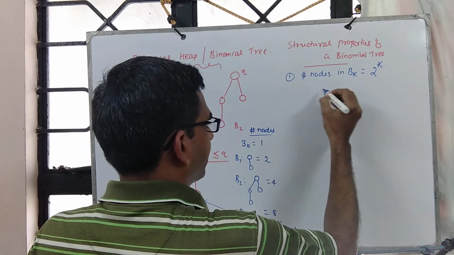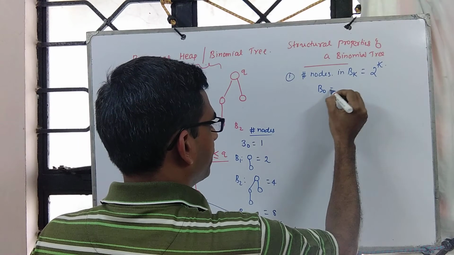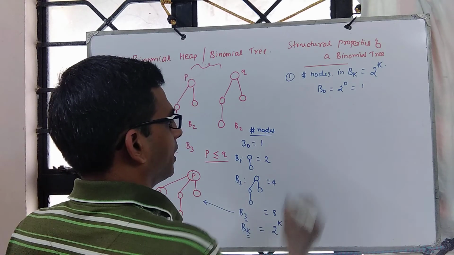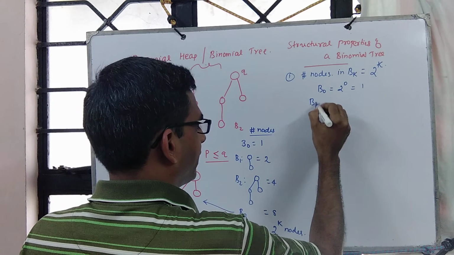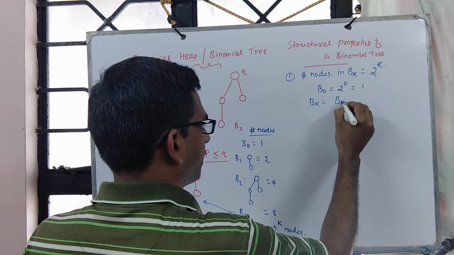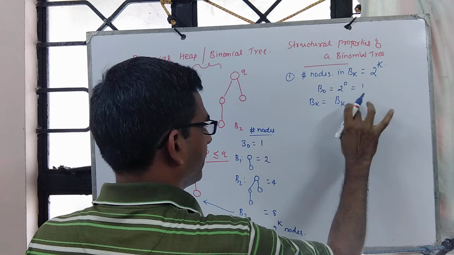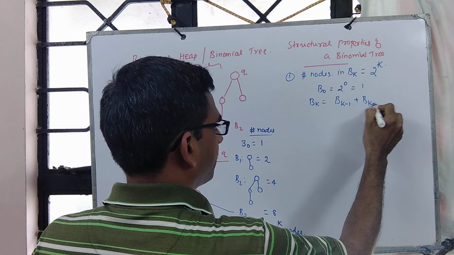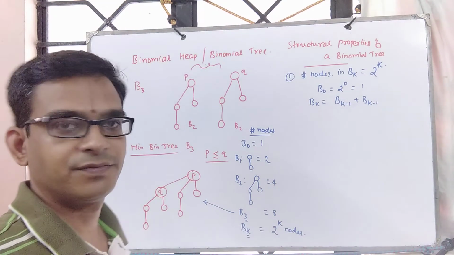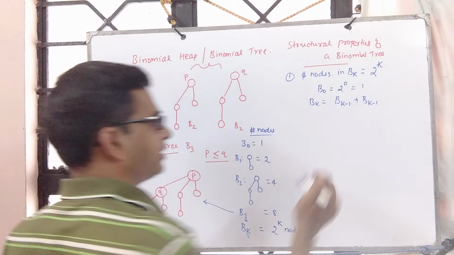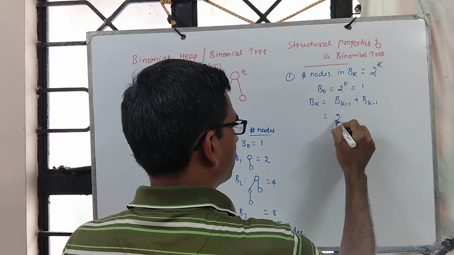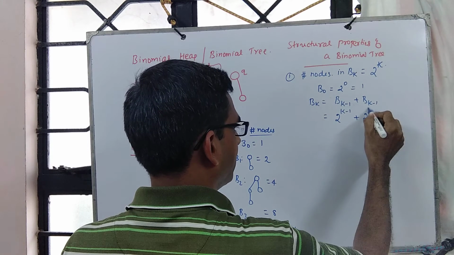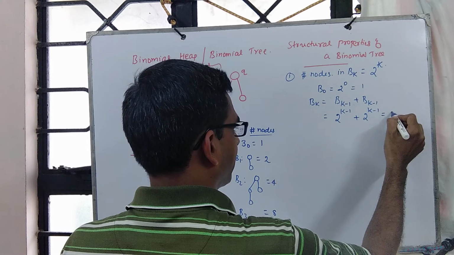You can see this, right? The base case B0 is 2 power 0, so it is 1. Now how do we construct Bk? Bk is constructed using 2 copies of Bk minus 1, and we don't add any other elements. So we just take 2 copies of Bk minus 1 and construct Bk. The first copy, by the induction hypothesis, has 2 power k minus 1 nodes. The second copy has 2 power k minus 1.